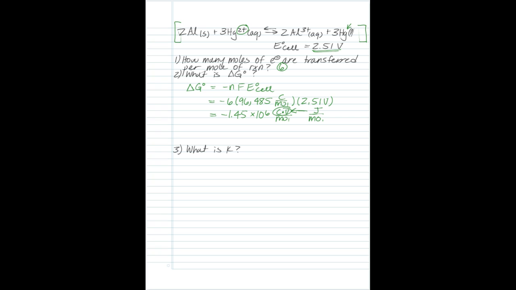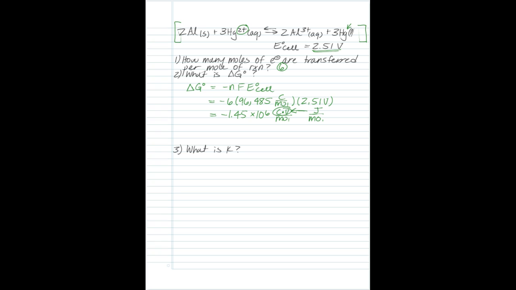So that's how you get to joules per mole for this, which we know are the units for delta G because it's an energy quantity. So that's delta G, and we can look at the sign and say, well, that's a spontaneous reaction.